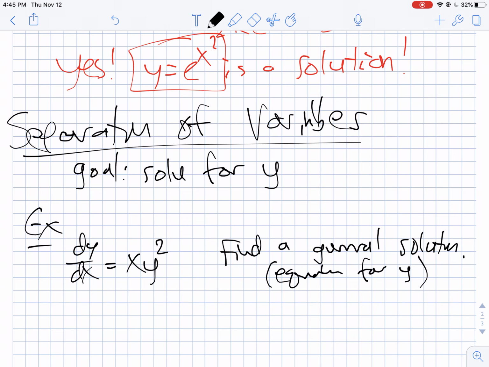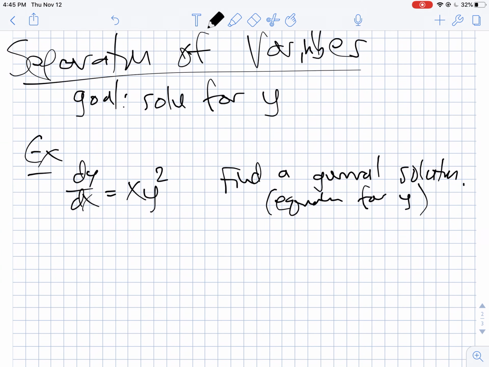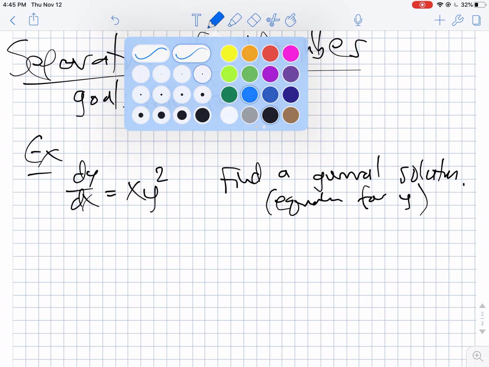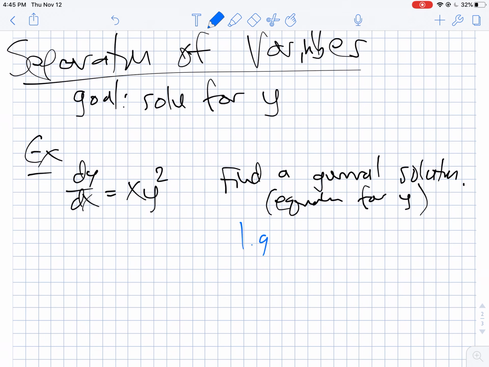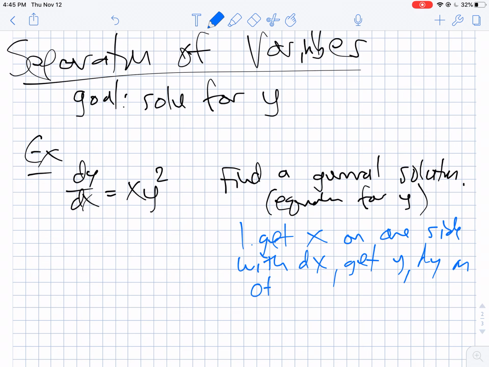And here are the steps that we're going to take, and this is a couple-step process. Basically, first off, we're going to get the x's on one side with the dx, and get the y and the dy on the other side. Okay, so let's do that first.